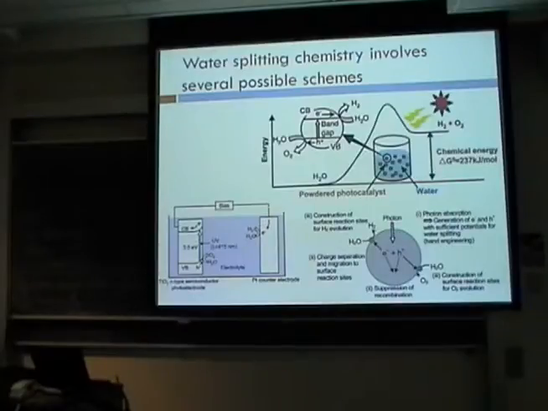I think I have a slide coming up that shows exactly where the position of the bands are with respect to the potentials for the water reduction and water oxidation chemistries. But again, you need holes, so there's some driving force, that the water to oxygen reaction is at a potential that's above the top of the valence band.